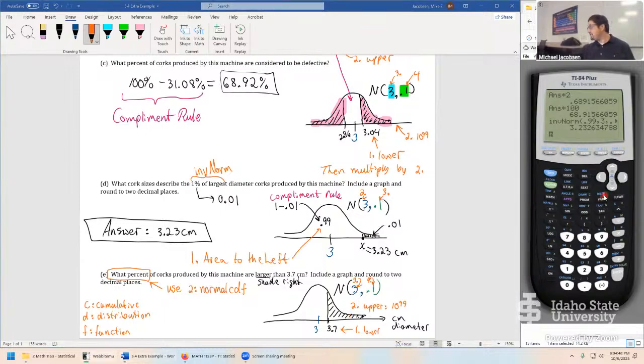So go second, bars like before, either punch 2 or scroll down and hit enter. Lower bound is 3.7. That's the lowest number that cuts off the area. To get 10 power 99, just go 10. The power button is this one right here above the division sign.